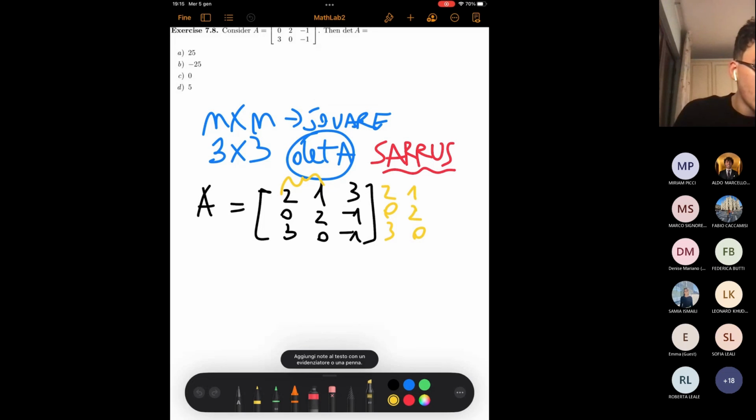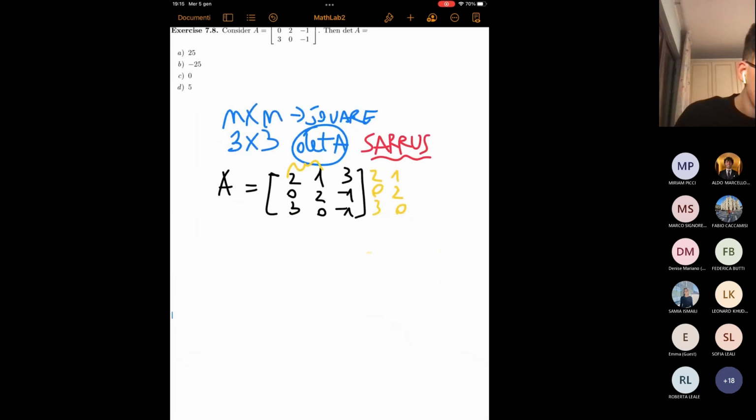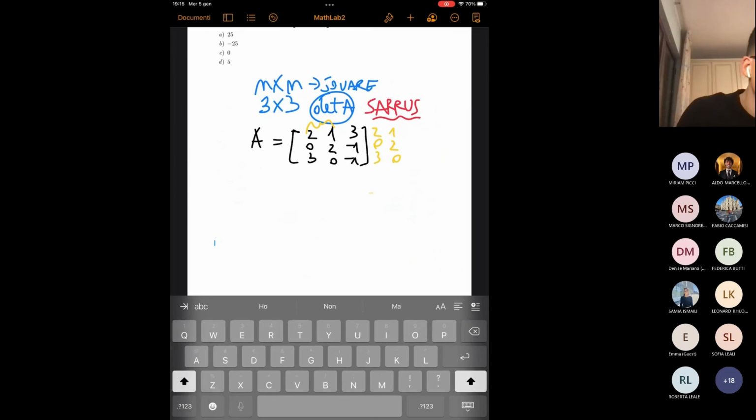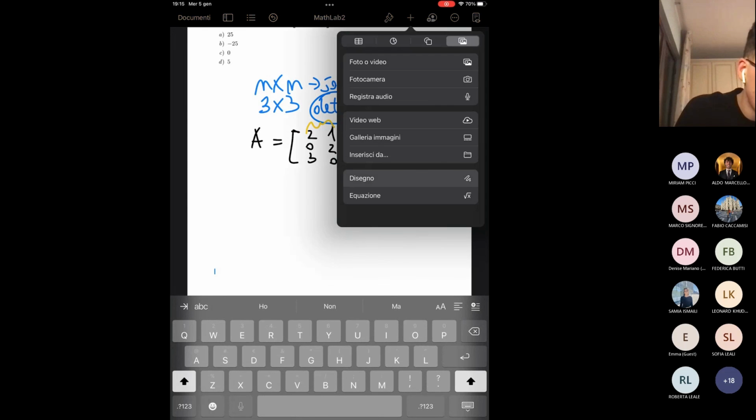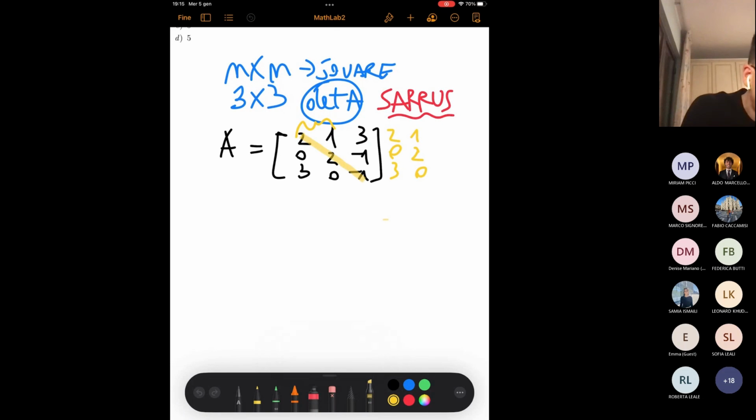Now we have to understand how this formula actually works. Look, we highlight the diagonals of our matrix.